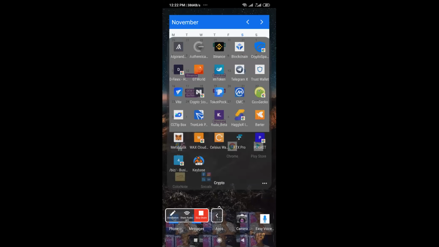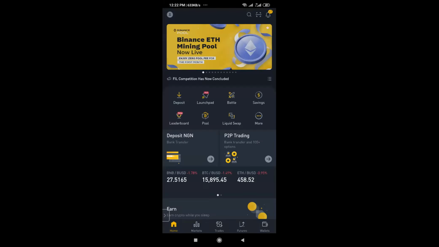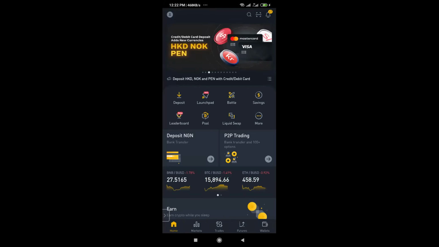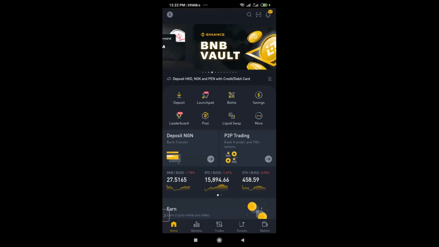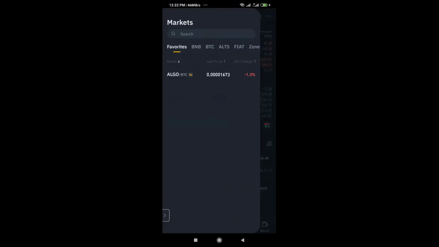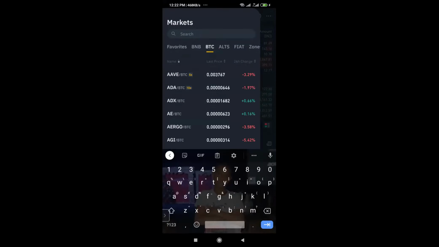Okay, so let's go to Binance. So this is my Binance. That chart you saw on the PC, this is what it looks like on the phone. So I click here, markets. Let's say I want to go to BTC USDT.